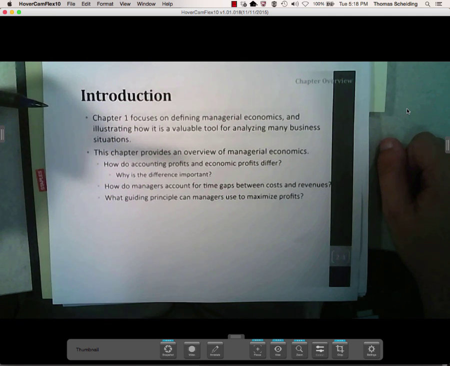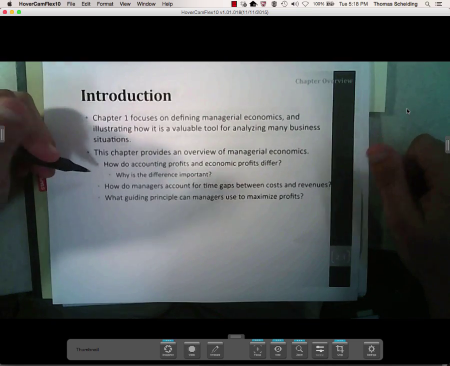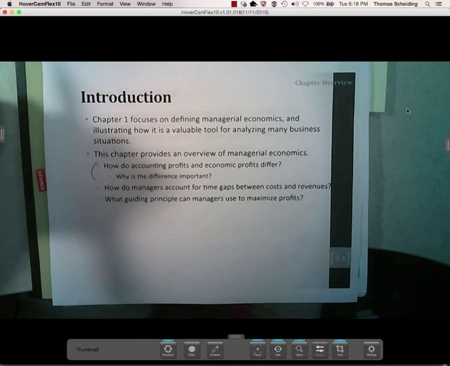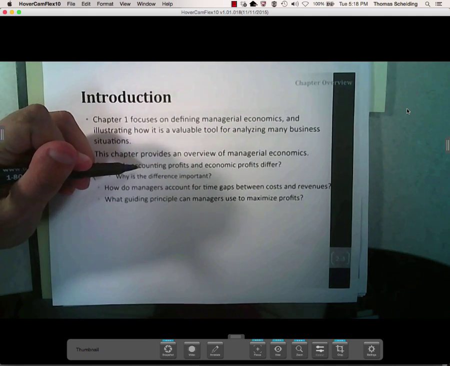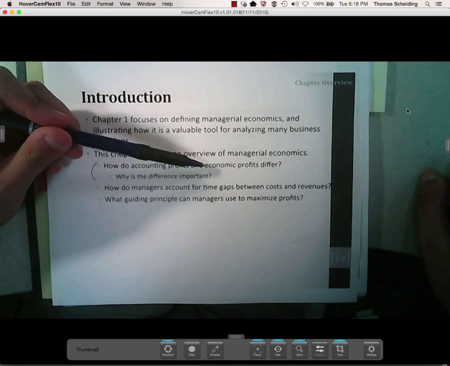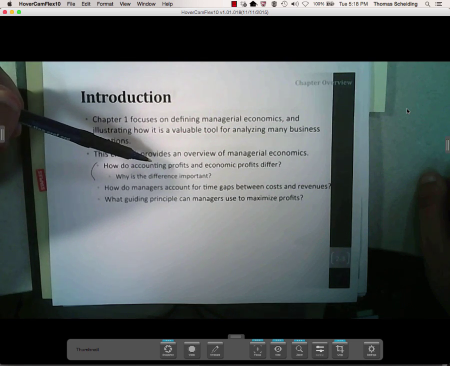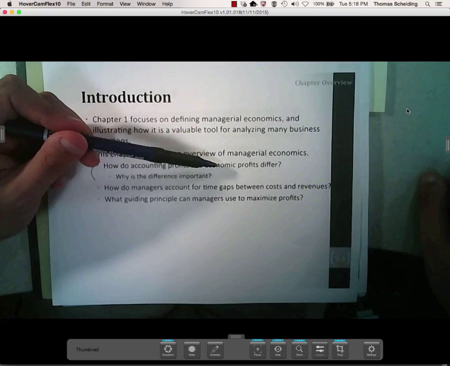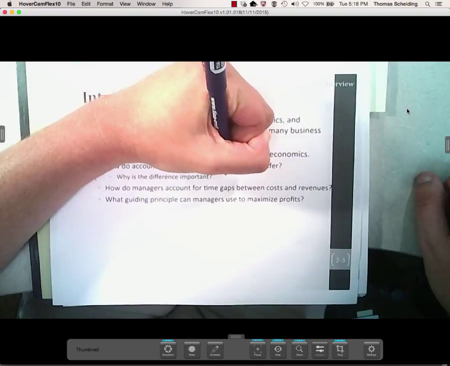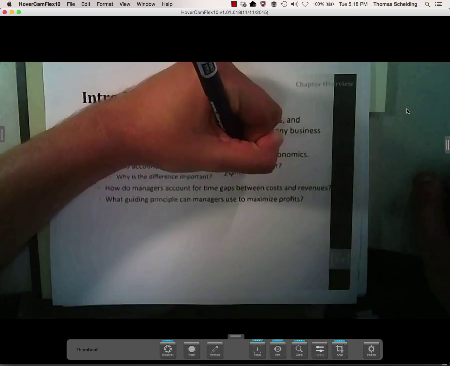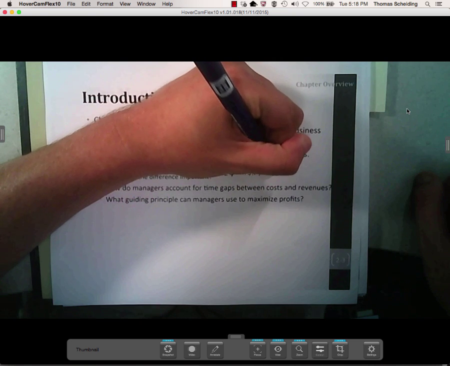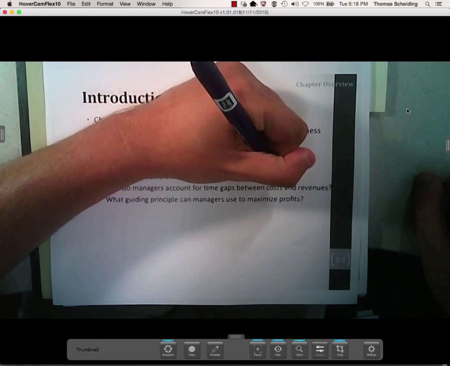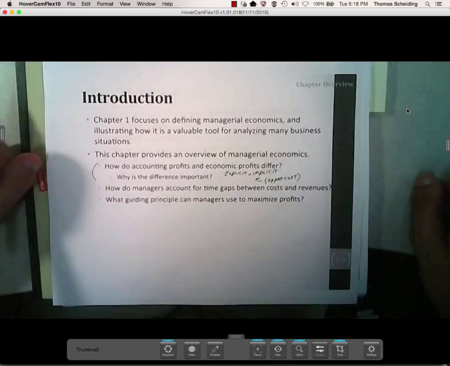To understand that, managerial economics emphasizes a difference that you probably would have talked about briefly in your intro courses: accounting profits, which is the difference between revenue and costs, where the costs are explicit costs where you actually have to spend money, versus economic profits, which is your revenue minus not just your explicit costs, but your explicit plus your implicit costs, where the implicit costs are covering my opportunity costs.